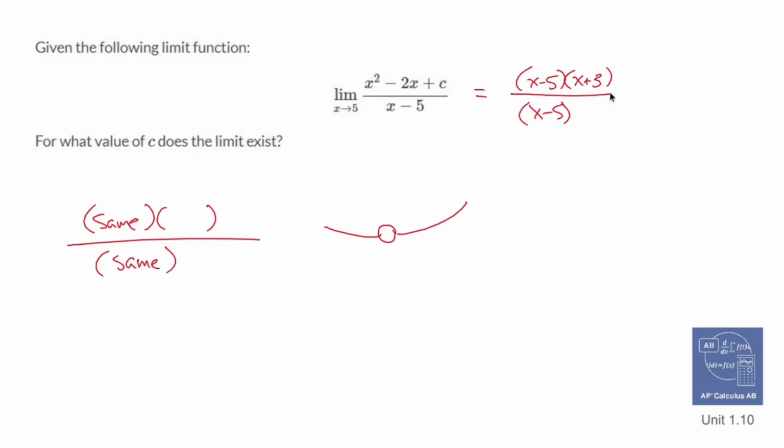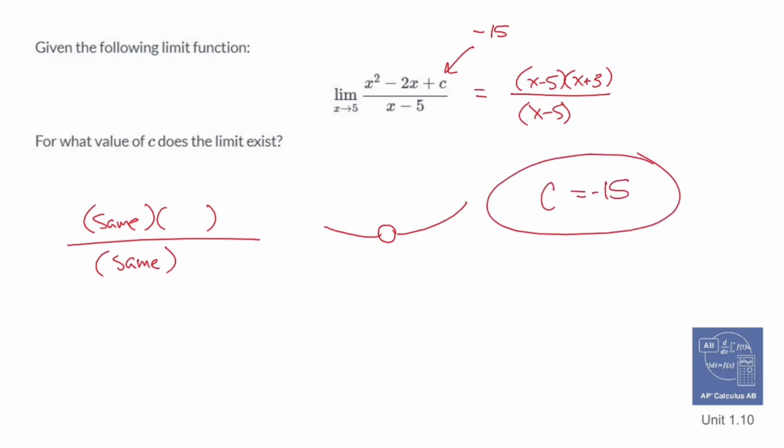If I multiply negative 5 by positive 3, that would make c negative 15. So in order for this to have a limit that exists, c would have to be negative 15, because then I can factor this into x minus 5 and x plus 3, and x minus 5 would exist on the bottom, therefore giving me a hole. So c in this case has to be negative 15.